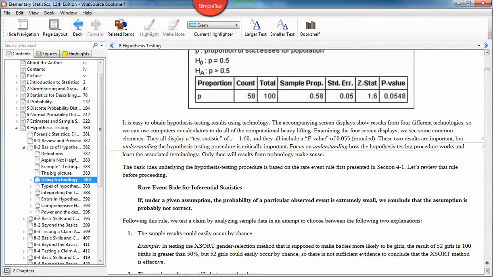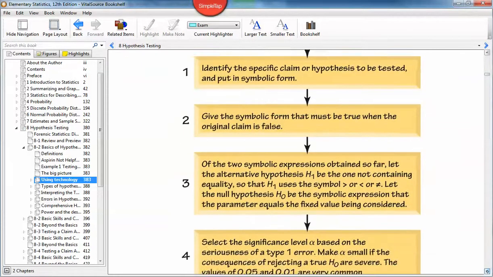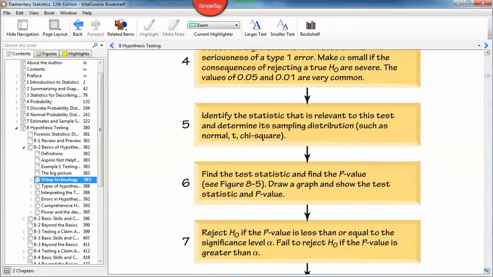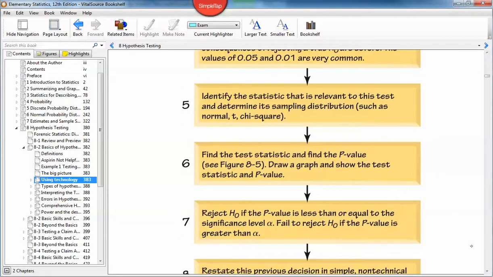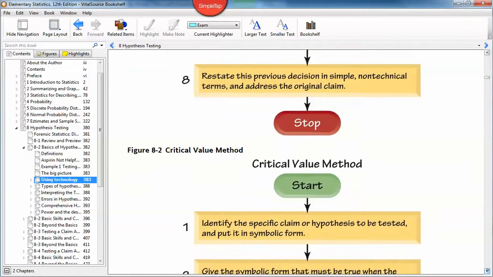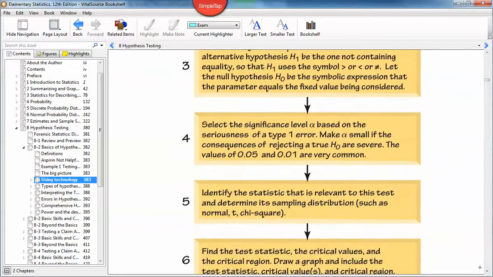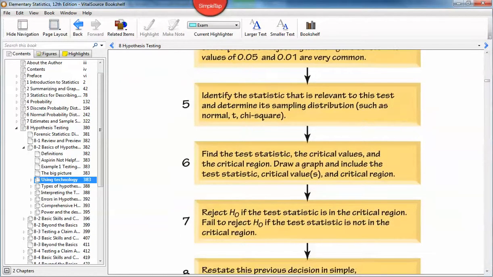Let me see if I can find that one. Alright, well, this is the same slides that we went through earlier, except it tells you, after you find this, what does that mean about the claim. But this is in your textbook. It goes through what you have to do to use the p-value method and what you have to do to use the critical value method. They're about the same until right after you find the test statistic.